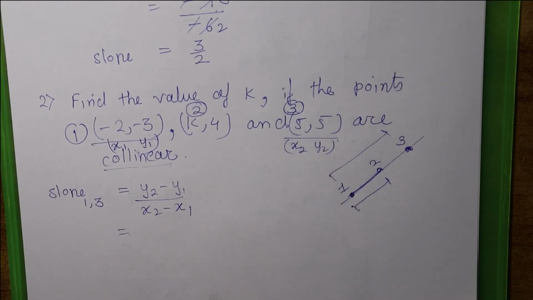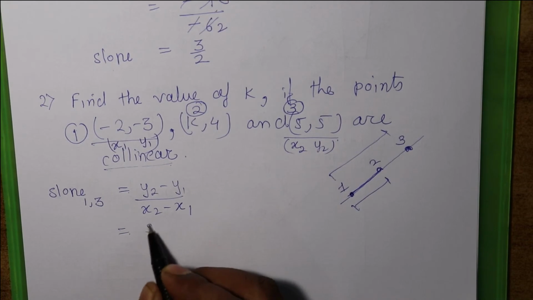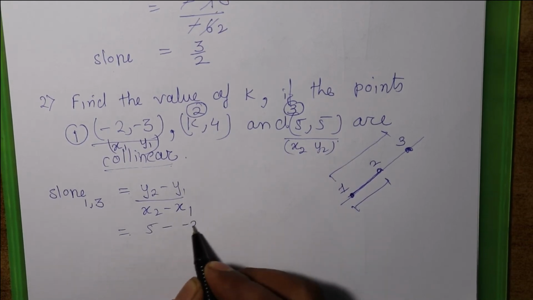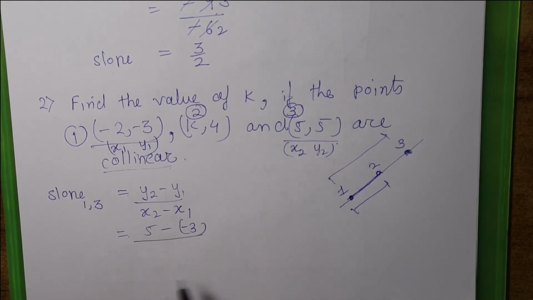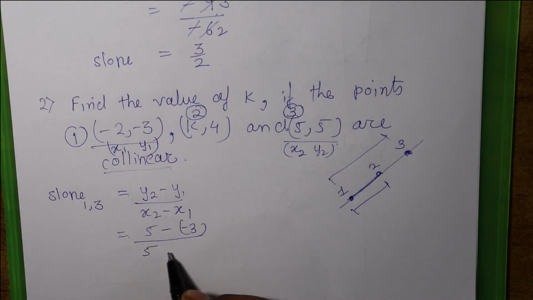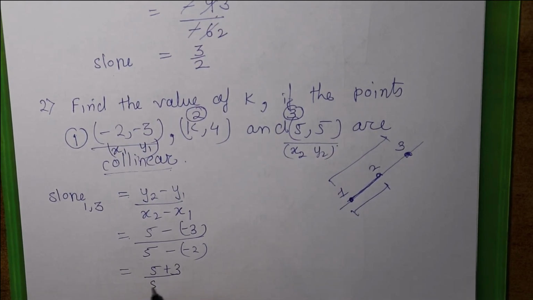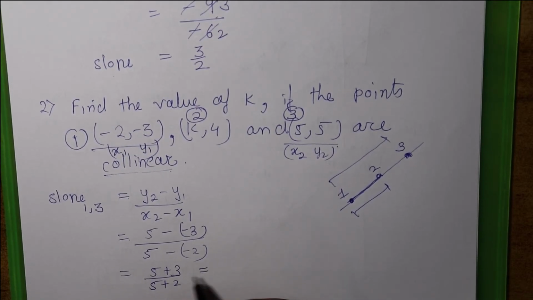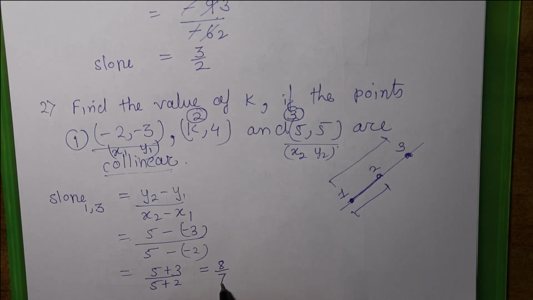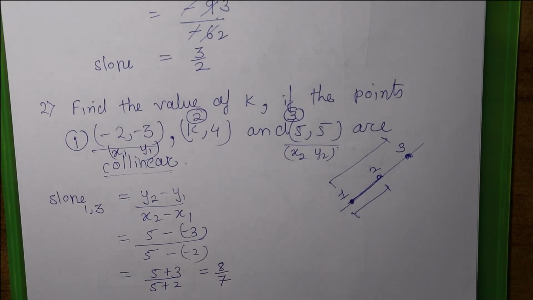So the value of y2 is 5, minus y1 which is minus 3, upon x2 which is 5, minus x1 which is minus 2. On simplifying, we have 5 plus 3 upon 5 plus 2, that is equal to 8 by 7. So we got the slope of the line between point 1 and point 3, that is 8 by 7.